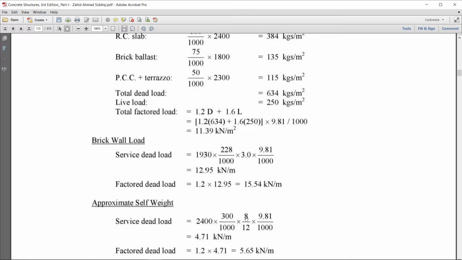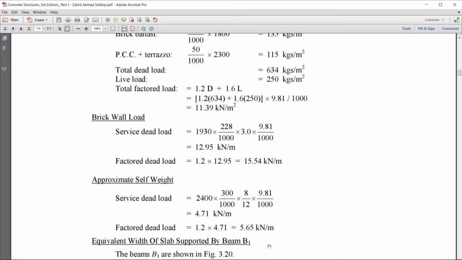L is 8 meter divided by 12, multiply with 9.81 divided by 1000, the answer is 4.71. Then multiply with 1.2 to convert into factored dead load. So now the total load on the beam which we will design, that is 5.61 plus 15.54 plus 11.